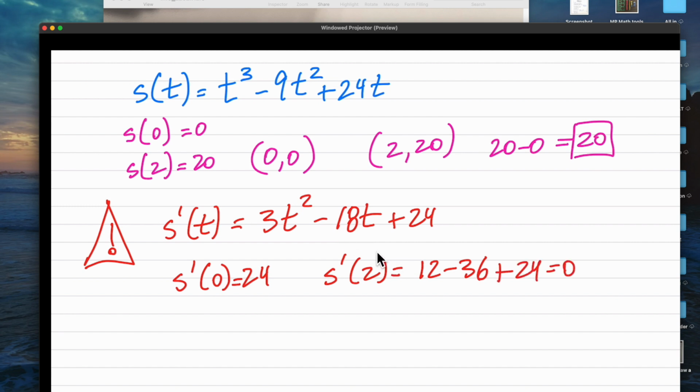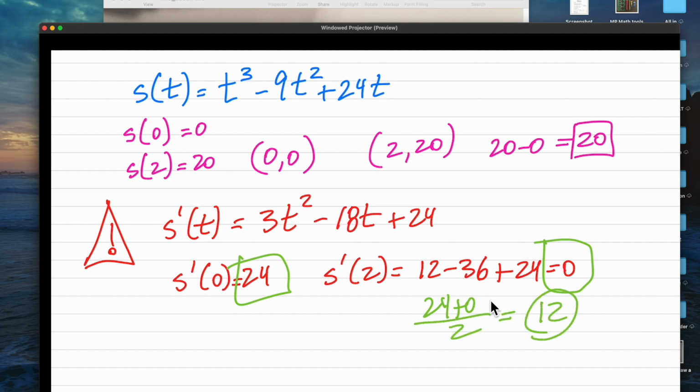That's going to be 0. What we cannot do is take the average of these two, the velocity at the beginning and the velocity at the end, and call that the average velocity. We cannot add these two and divide by 2. We get 12. As we'll see in a moment, that's going to be the wrong answer.